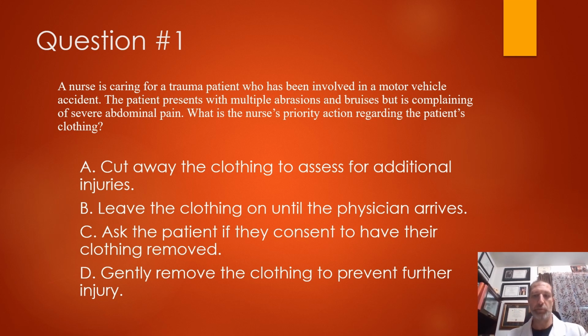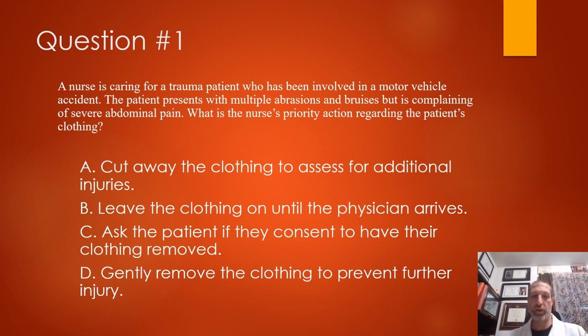Now, we're going to go back and start picking out some key words. First, we have a nurse and a trauma patient who has been involved in a motor vehicle accident. The patient is presenting with multiple abrasions and bruising, but their chief complaint is severe abdominal pain.